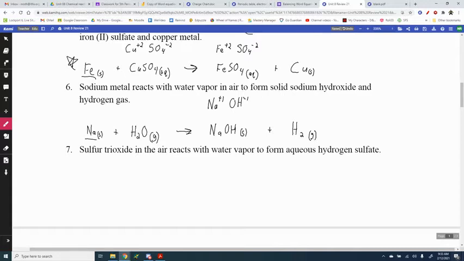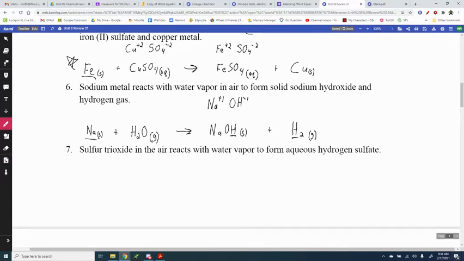Okay, now this is a balancing. This one is, I believe, also. Oh no, it's not balanced. Never mind. Okay, so we're gonna have to actually balance this one. So we have hydrogen in 2 different places on one side.